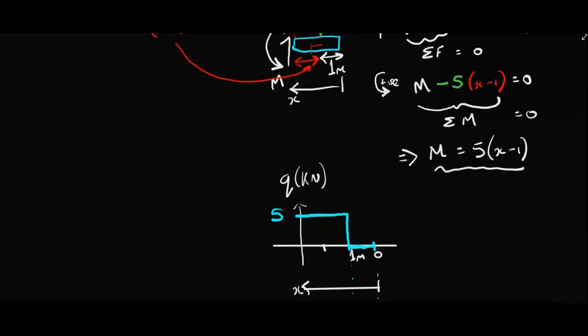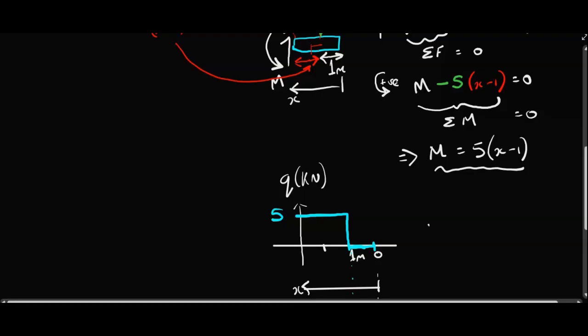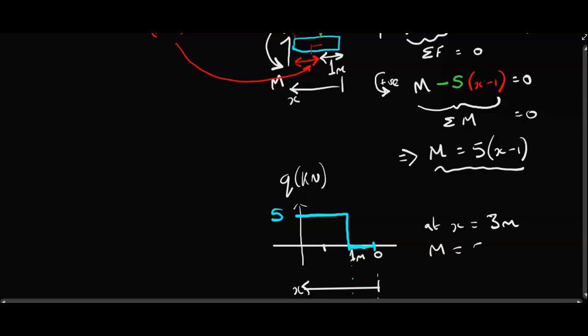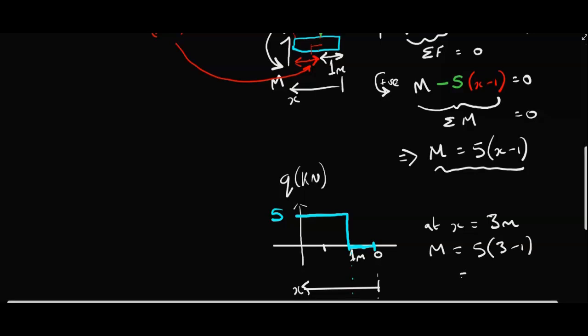So we could say that at x equals 3 meters, then the moment is going to equal 5 into 3 minus 1, okay, which is 5 times 2, which is going to give us our 10 kilonewton meters.